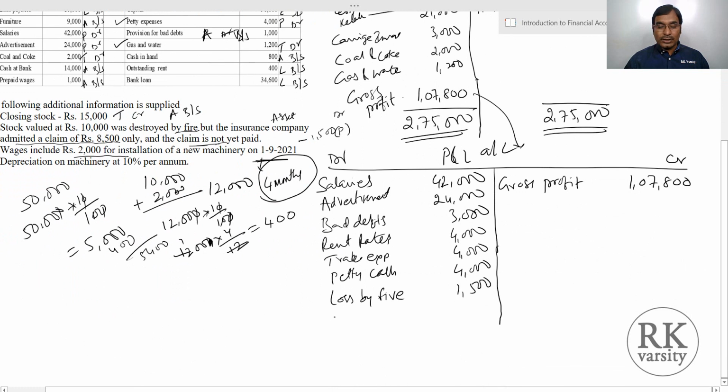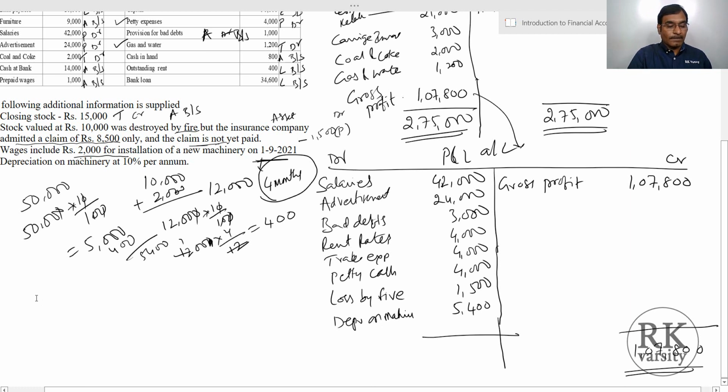Now we'll show the depreciation here. Depreciation on machinery, this is 5,400. So now we'll balance these two. 1,07,800, and we look at value here.